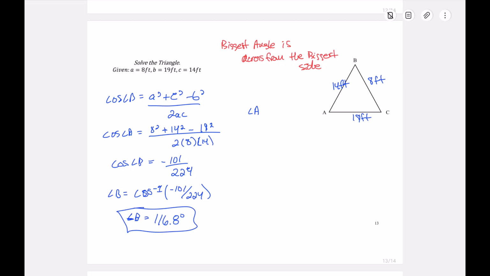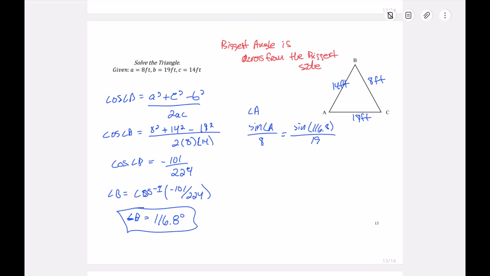So next, I want to find angle A, and I'm going to use the law of sines because I feel like it's faster and more efficient. We want sine of angle A over side A, which is 8, set equal to sine of angle B, which we found was 116.8, all over side B, which is 19.